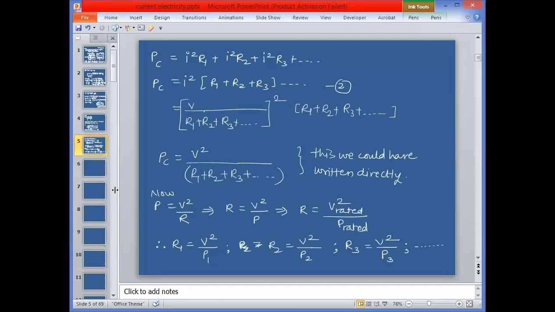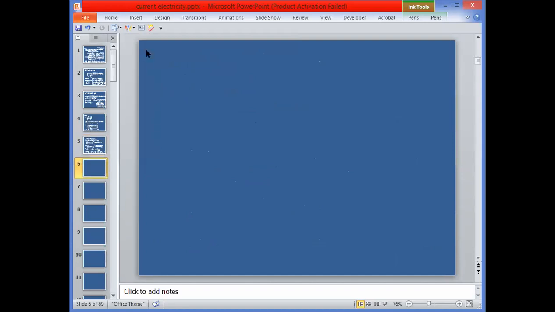Next, now we will put the values of R1, R2, R3 here and we'll find out power consumed by the bulb. We will find out power consumed by all the bulbs. So power consumed will be equal to V square upon R1 plus R2 plus R3.